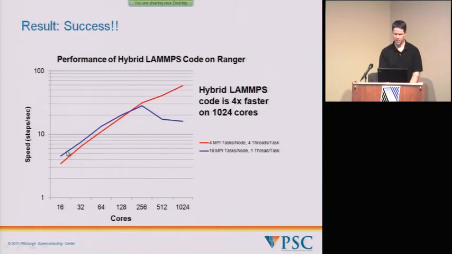You pay a price at the lower core counts. Because there's a little bit of overhead associated with doing the threading, and also probably the bigger part is that those 4 threads are only active in the main part of the code, the computation. So some parts are being done in serial, whereas with MPI it's all parallelized.